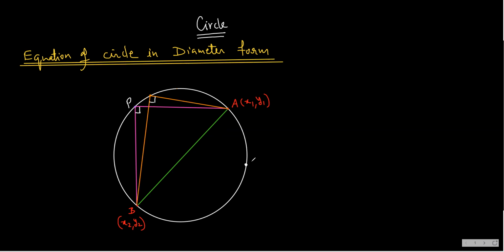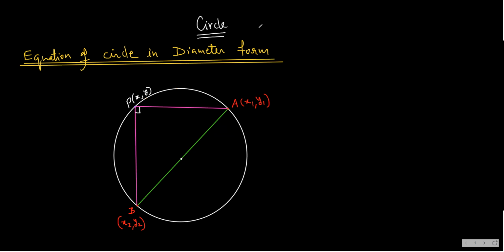So what is point P? Point P is a variable point. So I will take the coordinates of P as x comma y. Remember, points A and B are fixed points, the extreme points of a diameter, but point P is a variable point.